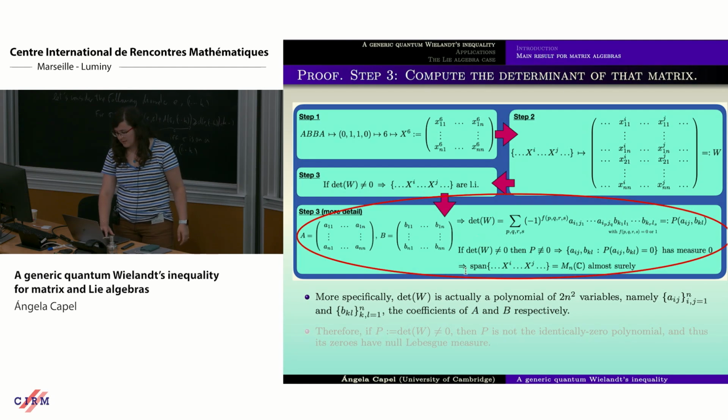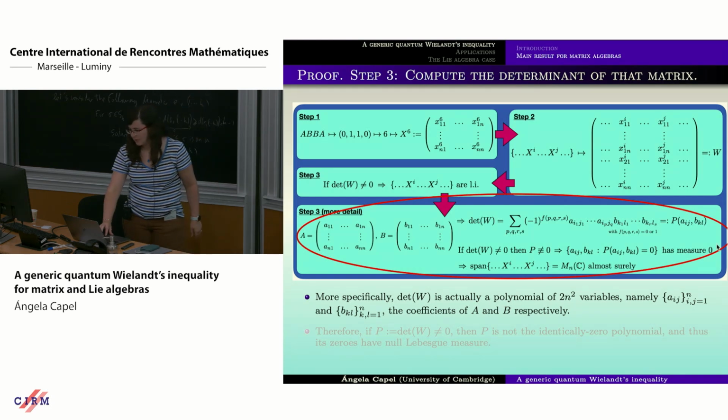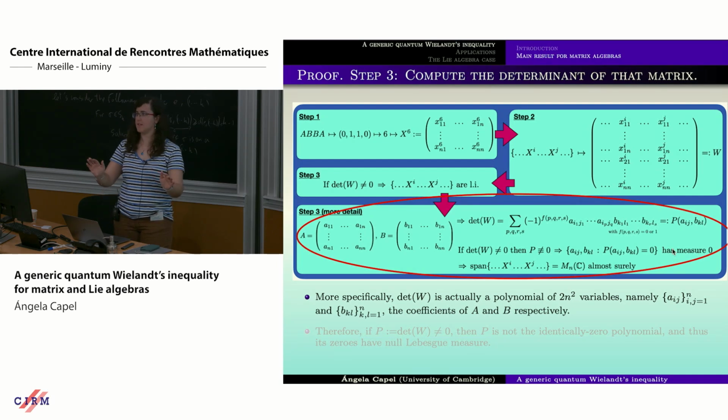So that's why the span of all the columns that I was mentioning before, which were the vectorization of the initial matrices, or of the initial words, is going to span the whole matrix algebra almost surely, right? Because the cases in which it wouldn't span have measure zero. Okay, so this is the idea of the proof. There's really nothing there. The only thing that we have to prove is that the polynomial is not identically zero. This is the only thing that is left to be done.